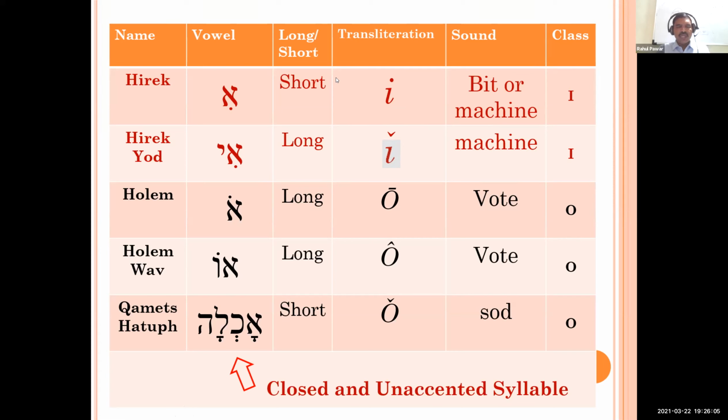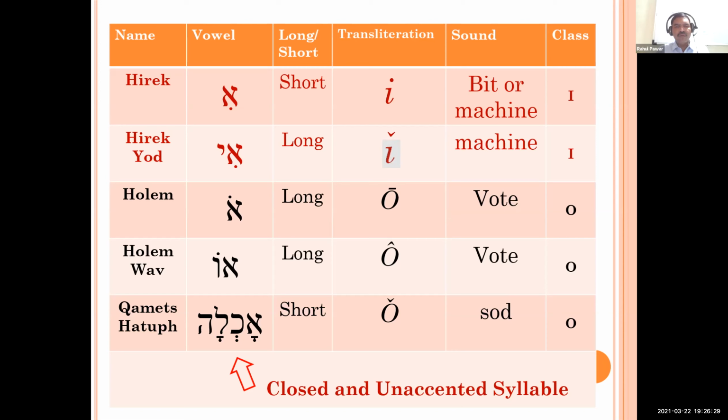Then Holam. If we put a dot over a consonant, it gives a long vowel. Then if we put a Vav and above the Vav there is a dot, then it is a Holam Vav. Holam Vav is a long vowel.